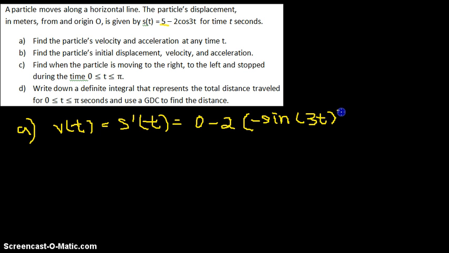That's only the trig function, and I need to differentiate the 3t, a linear function in there, so multiply by 3. My final velocity function v of t is negative becomes positive, 2 times 3 gives me 6, so I have 6 sine 3t.